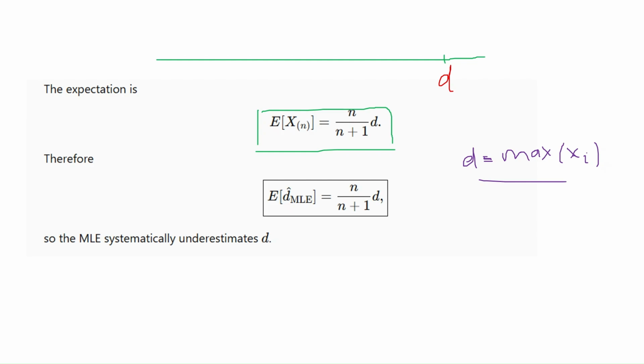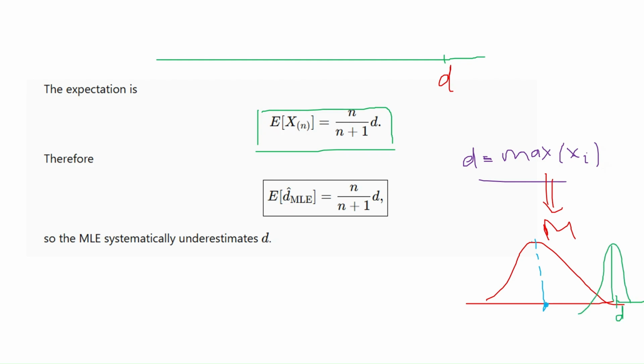Then we checked whether this estimate is biased. And how did we check? We said that this is a random variable m. We'll see the distribution of this random variable, and we will see where the expected value lies. Then we'll see if this expected value lies away from d or not.